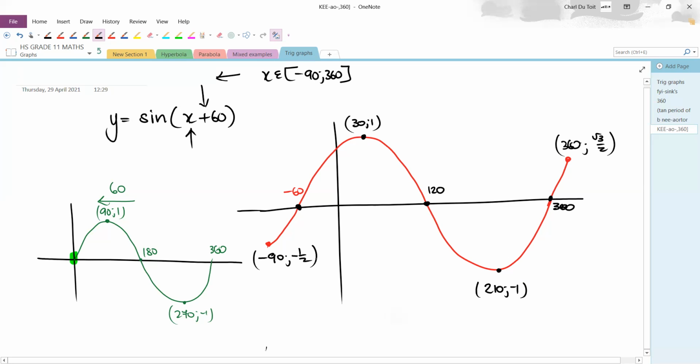Just confirm that. Yeah, so that's negative half. Copy that or snap that or have a look at that. Are you happy? Yes, sir. Let me just take a snap.